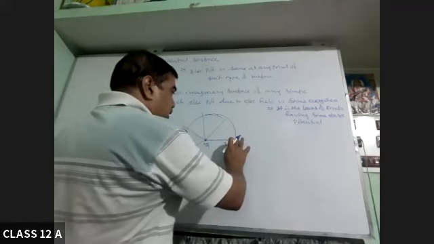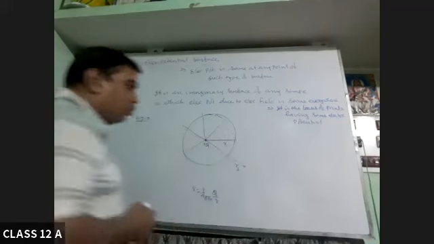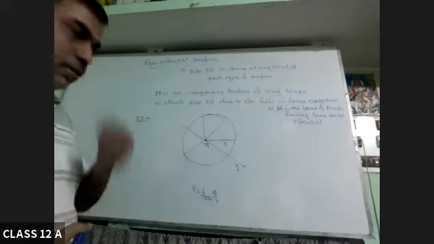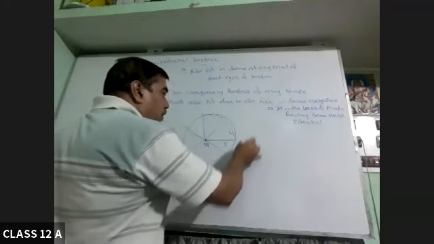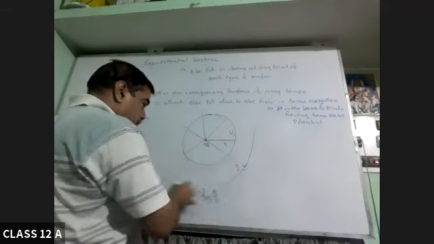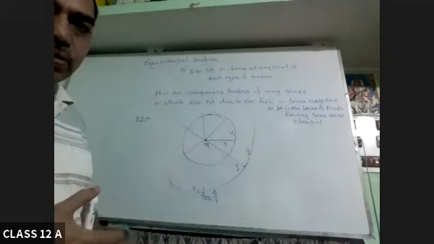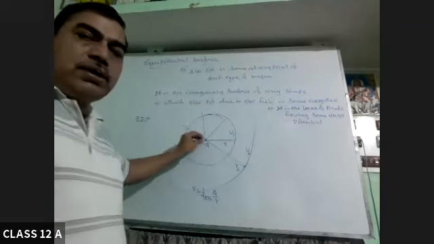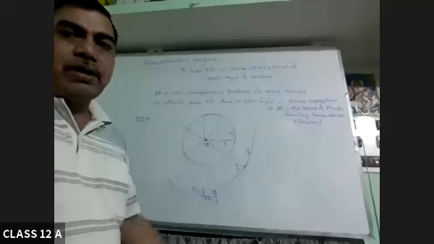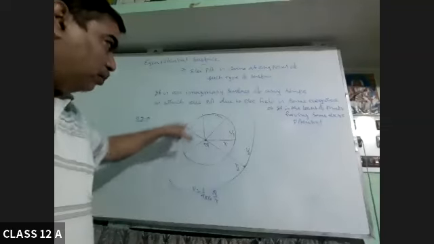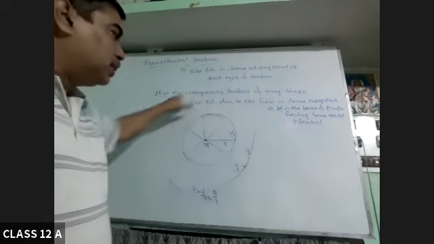Now suppose at a distance R1 and another we are considering a distance R2. Here the electric potential is V1, then here there will be another equipotential surface. So due to a charge, we can consider so many equipotential surfaces depending on the potential. On this particular sphere, the potential is the same everywhere, that is V2.